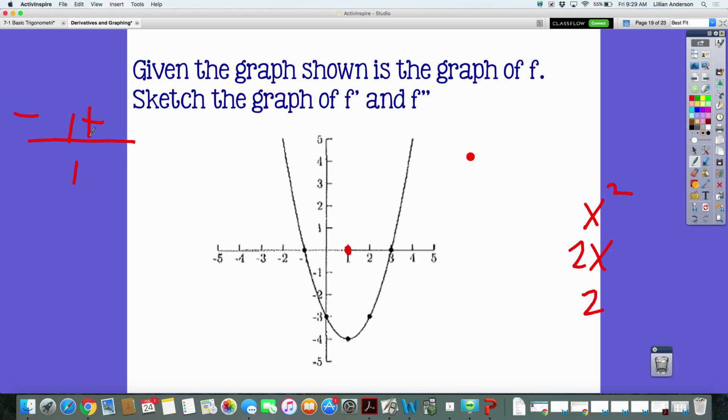That's exactly what we need to do on our derivative. We need to go from negative, cross over the x-intercept, and go up to positive. So this is our derivative. That's not my best line. I'm trying this new program, like I said. But that is your derivative.